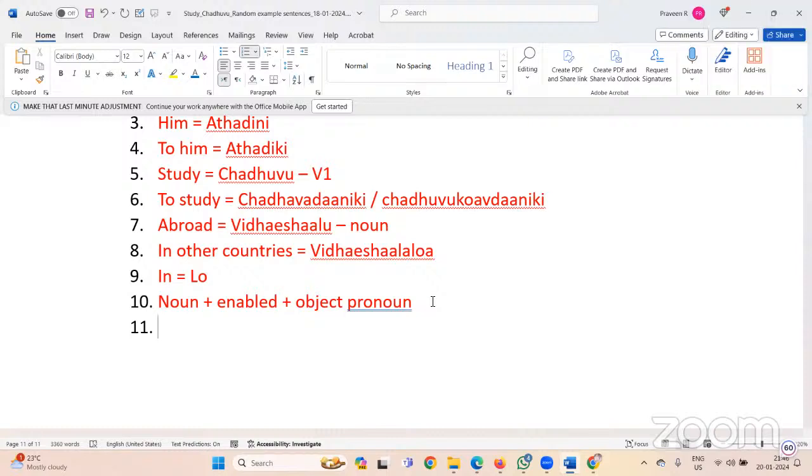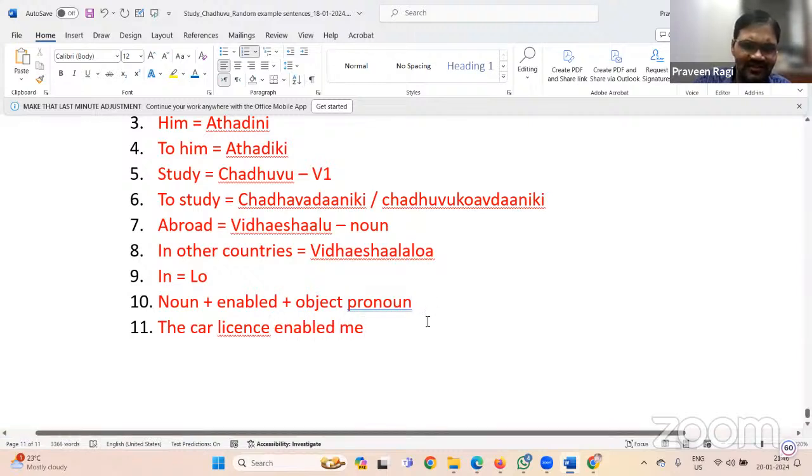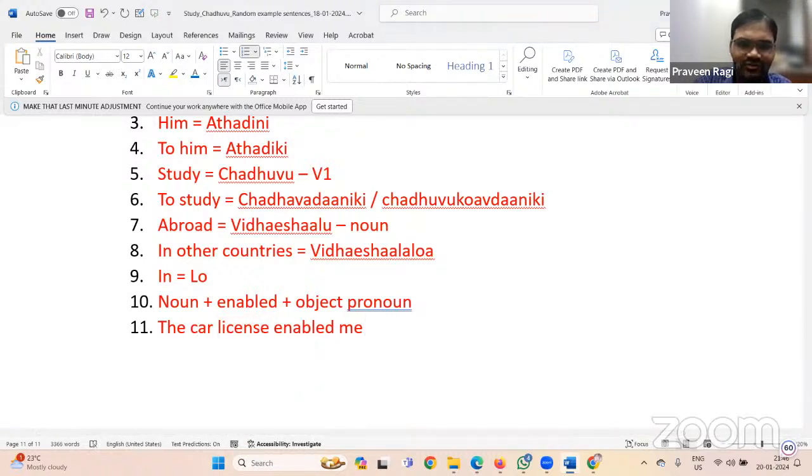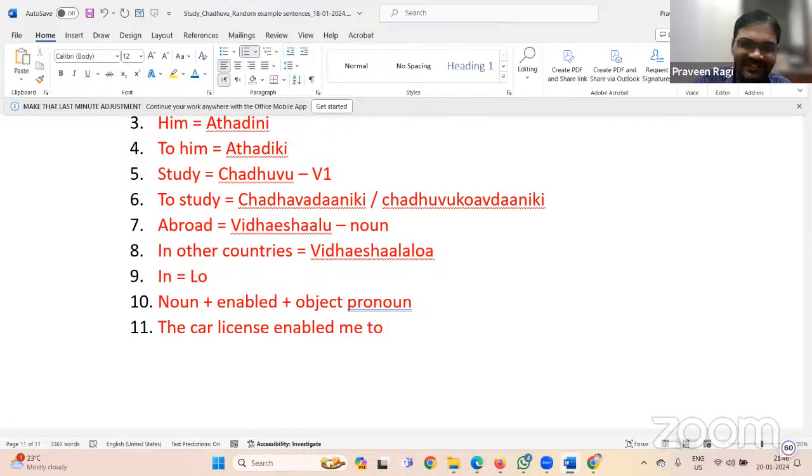I'm thinking about a car license enables someone to drive. The car license enabled me to... So we need to write some kind of benefit, what it does if you have a car license.